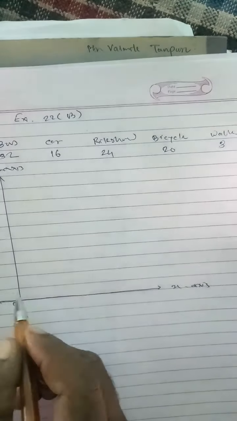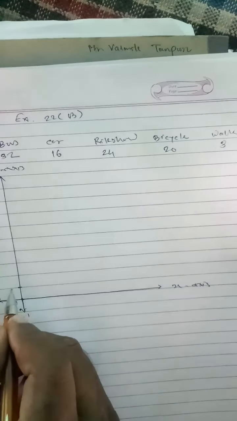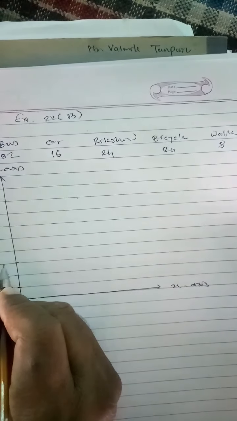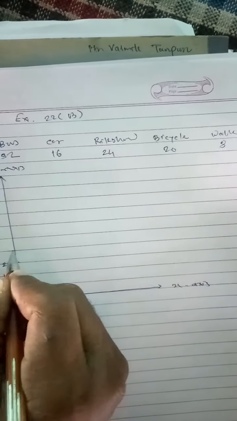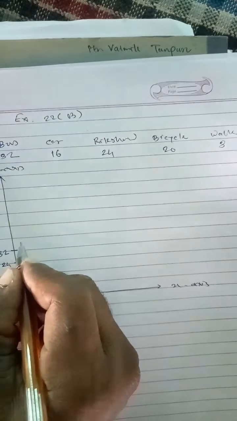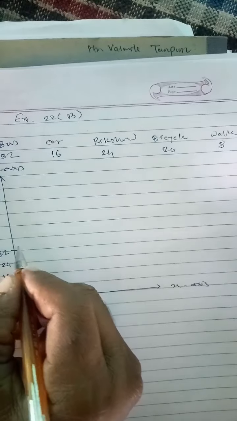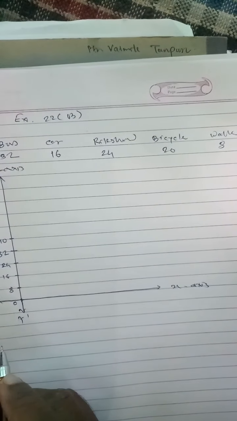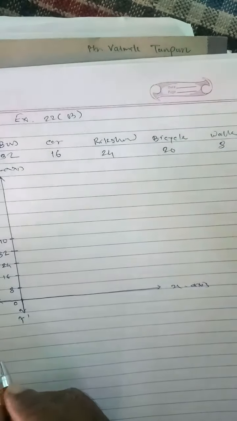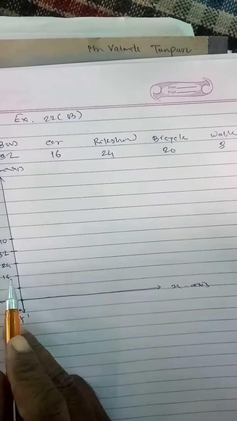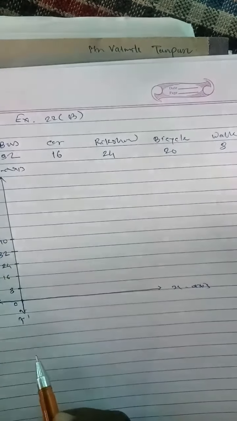I am taking the scale as 8: 8, 16, 24, 32 and then 40. Otherwise you can take a scale of 4: 4, 8, and so on. Anyone you can take.